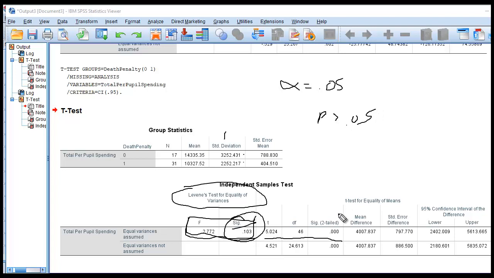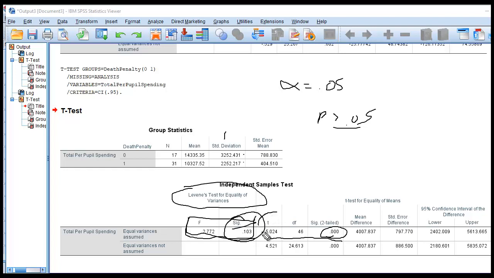So unlike the standard independent samples t-test, where we're oftentimes shooting for statistical significance, with Levene's test we find ourselves shooting for non-significance. In this case, the p-value is 0.103 and it's greater than 0.05. So that would lead us to infer that there's no difference between the two groups in terms of their variances.